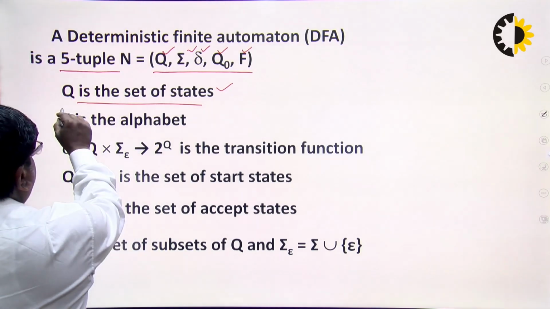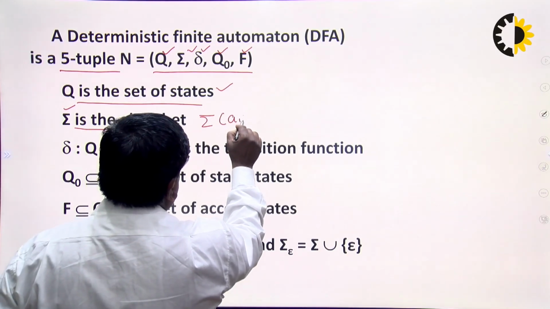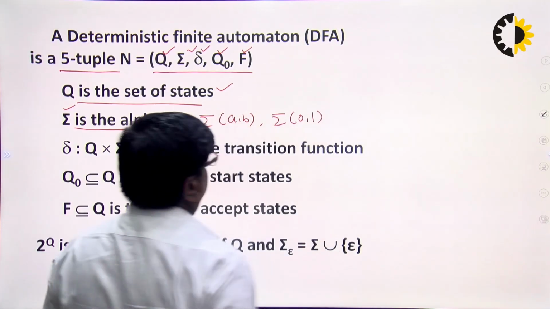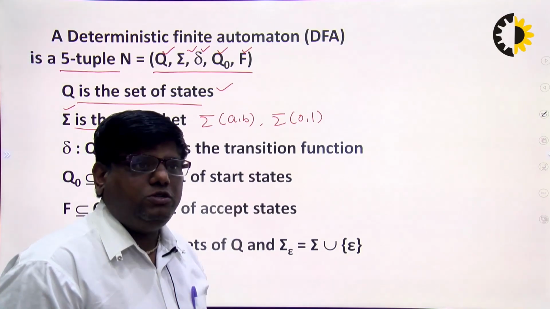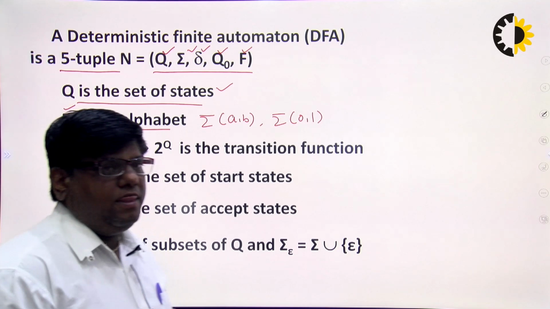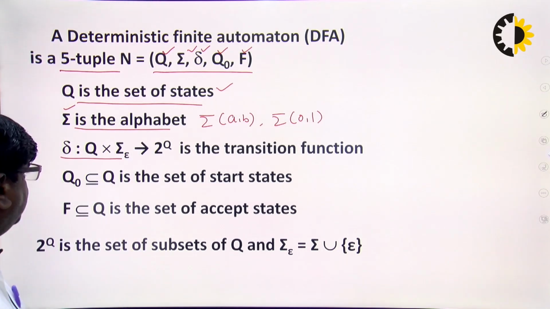Now, sigma is a set of inputs, either a comma b or 0 comma 1. Most of the books refer only to inputs for the computational problem. Now, delta is a transition function.